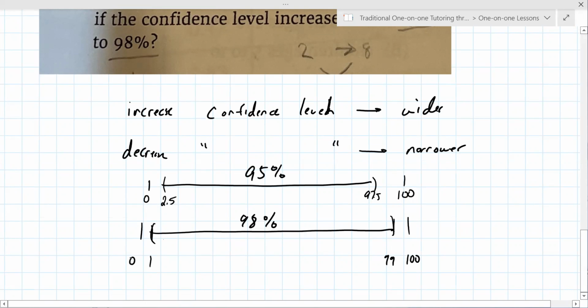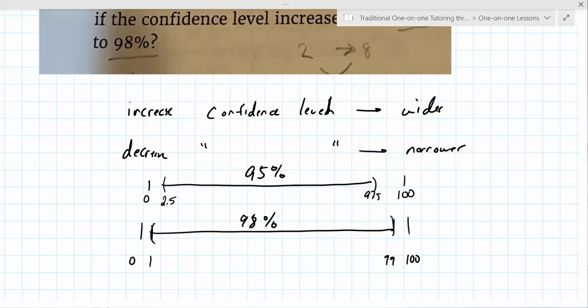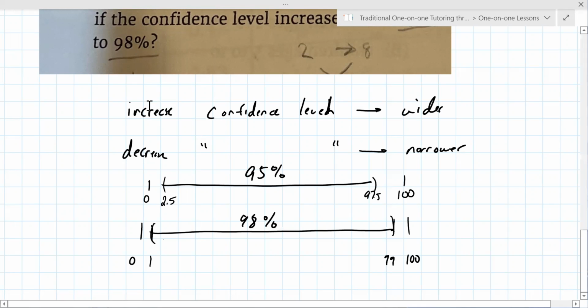So which one has a wider range? Which one's physically wider? The 98%. That's right. So if the visual is better for you, that's another way to do it. But that doesn't work for everything, but it works for this one.